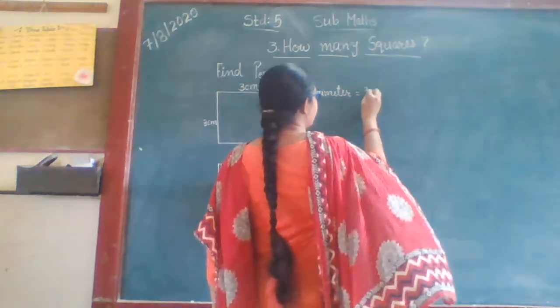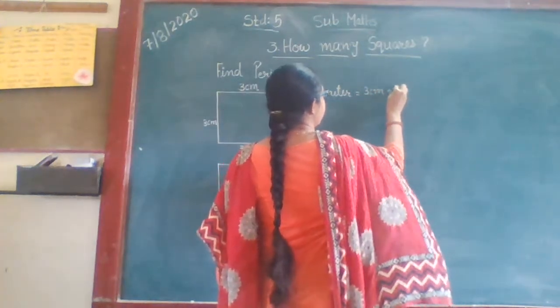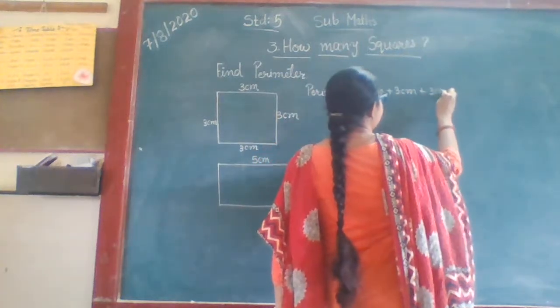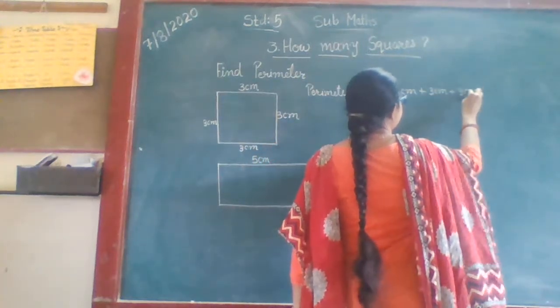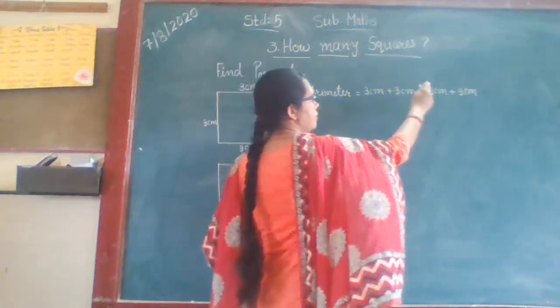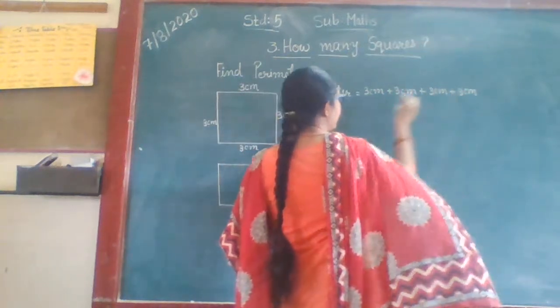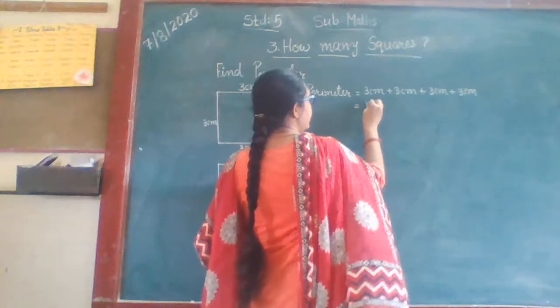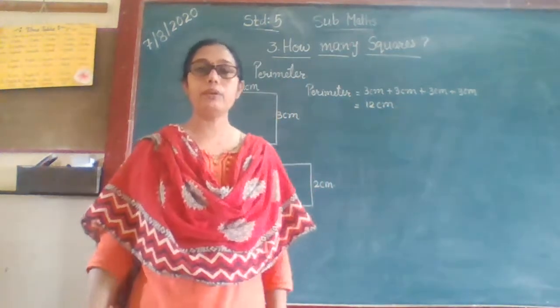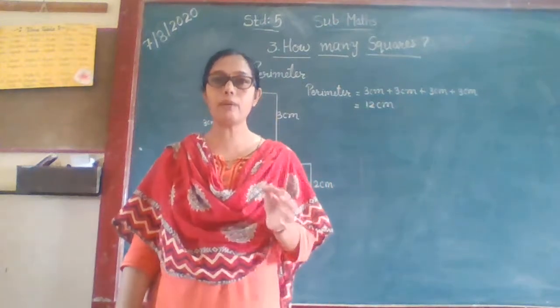So 3 centimeters plus 3 centimeters plus 3 centimeters plus 3 centimeters. So 3 plus 3, 6. 6 plus 3, 9. 9 plus 3, 12. So what is its perimeter? 12 centimeters.